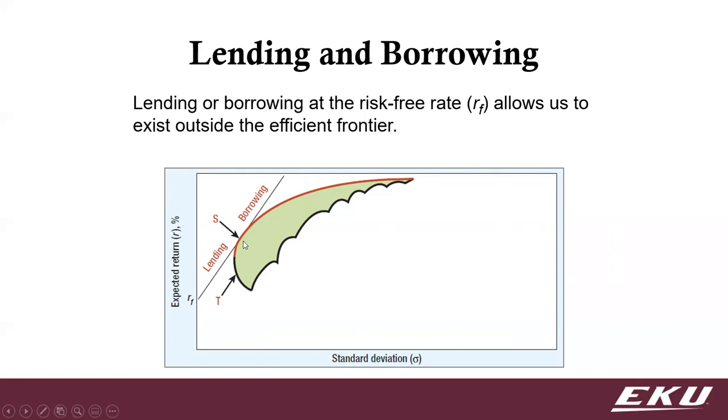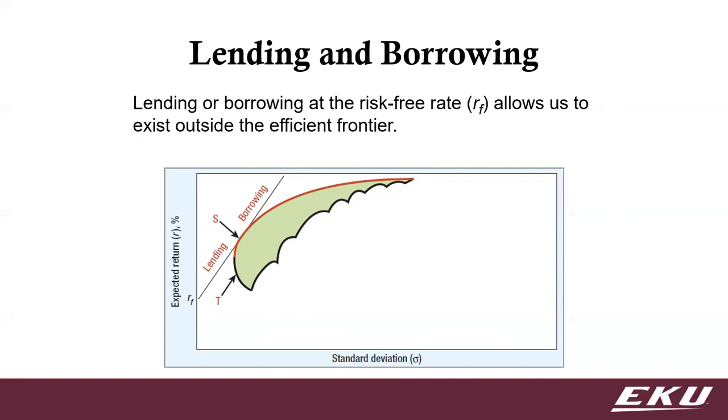Or if I can get a margin account, I can borrow money and invest even more. And that's how people start getting those outsized returns, because this is what we refer to as leverage, right? So I'm able to bend this line straight because of being able to borrow and lend. But this is assuming I can borrow at the risk-free rate.